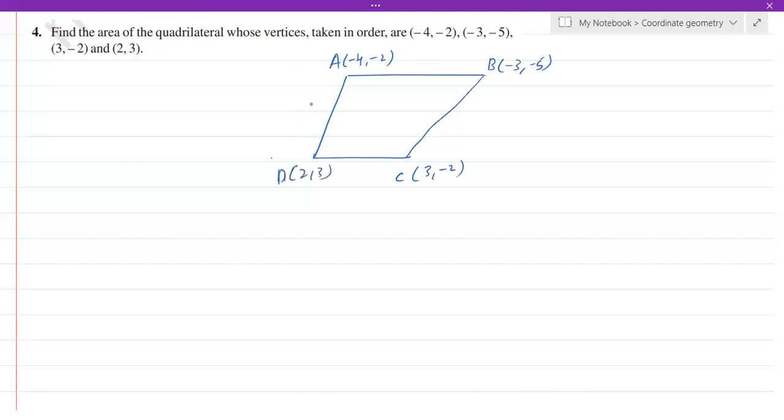Now we have to find the area of the quadrilateral, but we don't have any formula to find the area of the quadrilateral. So what we can do is join a diagonal so that we get two triangles. We get two triangles, one which I'm shading in green color. Find the area of this triangle using the area of the triangle formula, that is half into x(y minus y) three times.